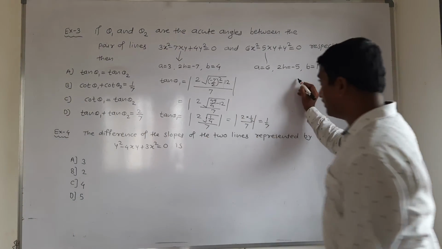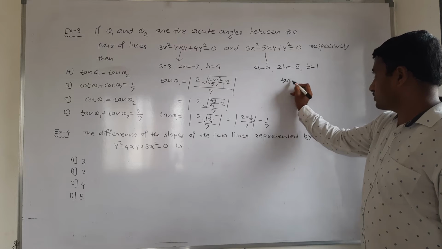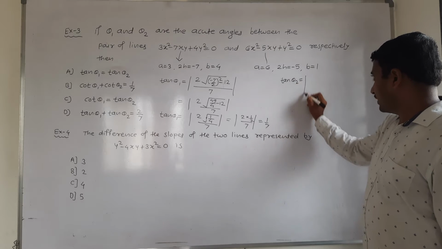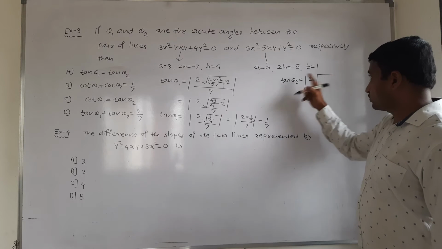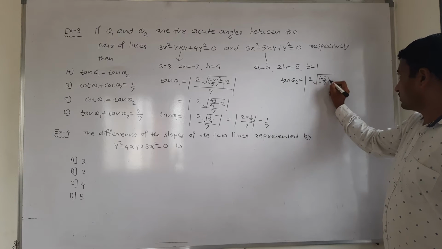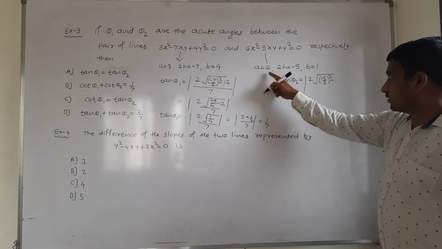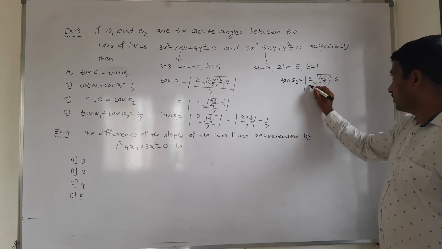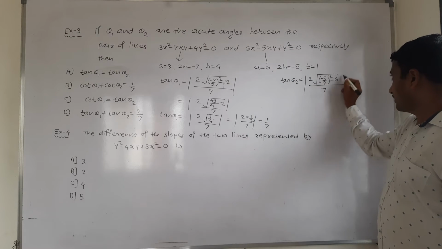For the second, suppose the angle is θ2, then again tan θ2 = modulus of 2√(h² − ab) divided by (a + b). Here h = −5/2, ab = 6, a + b = 6 + 1 = 7.